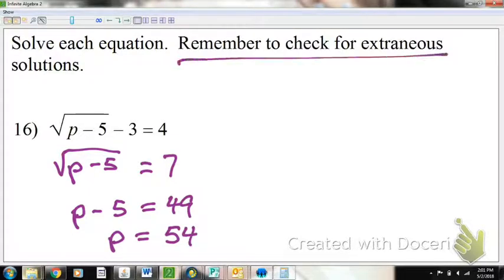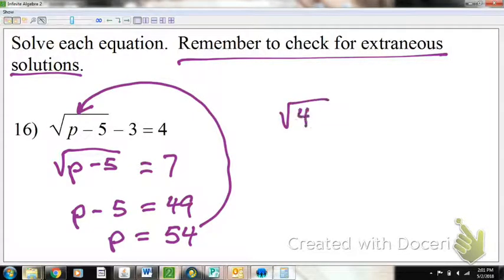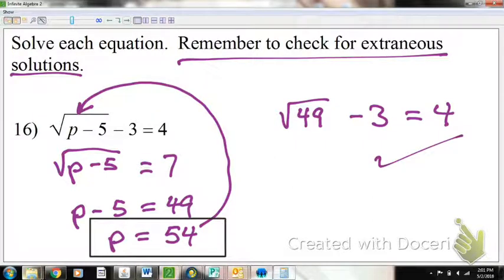Now, remember to check for extra solutions. Whenever you square both sides of an equation, sometimes you create extra answers. So plug this back in and do a quick check. Is the square root of 49 minus 3 equal to 4? It is, and so that is a good answer. P equals 54 actually works.